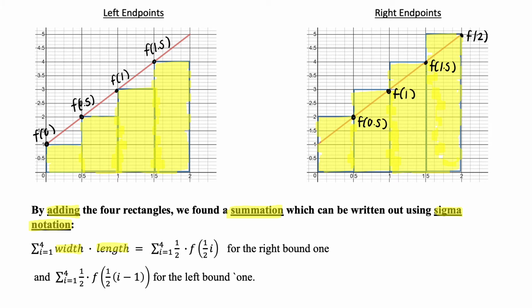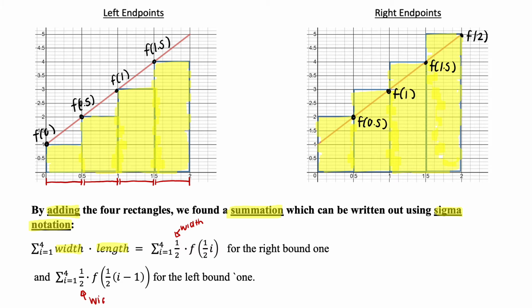So the width, remember, is going to be the distance between each rectangle, or the interval of each rectangle. So that's our 1/2. And then the length, or the height, would be represented by what is plugged into the function. So that's where it's going to be different.